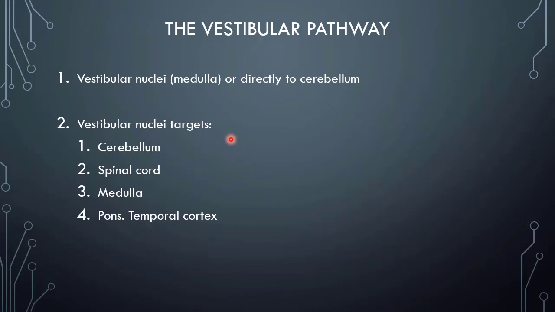And then from the vestibular nucleus, there are projections out to a few places, but again, most of these are involved in things like correction of movement. So if you accidentally take a misstep and you activate the vestibular system because your body is now off balance compared to what it expects to be, we have direct projections from these vestibular nuclei to the cerebellum, to the spinal cord, to the medulla, and to the pons.